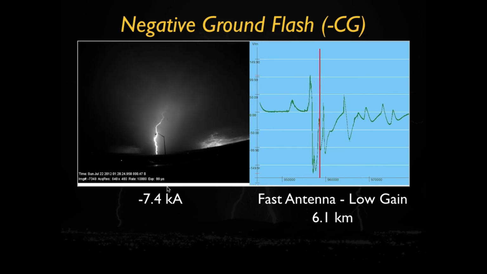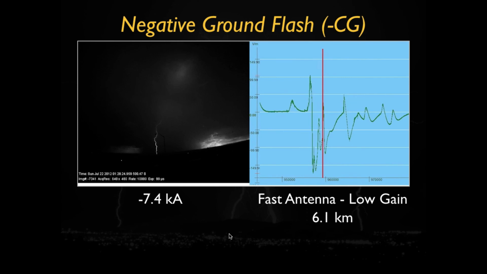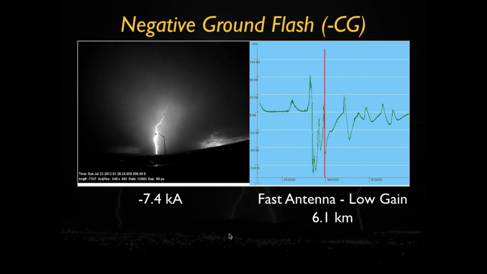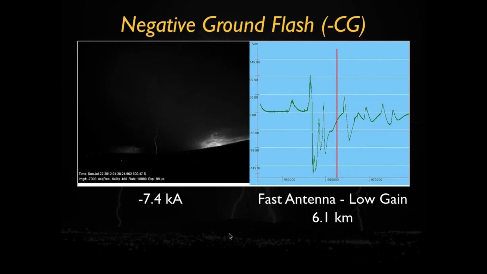And now we'll see a series of recoil leaders that brighten the main channel as M components when they connect with the main channel. See much more shallow luminosity rise and corresponding electric field response.